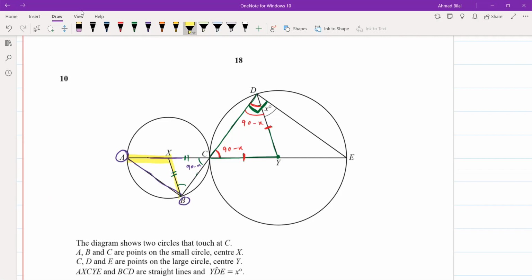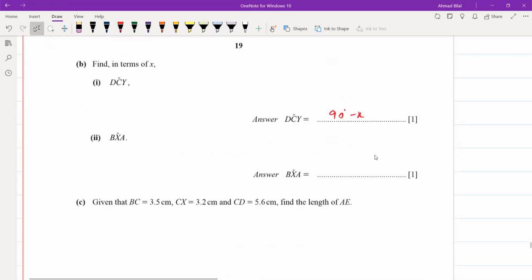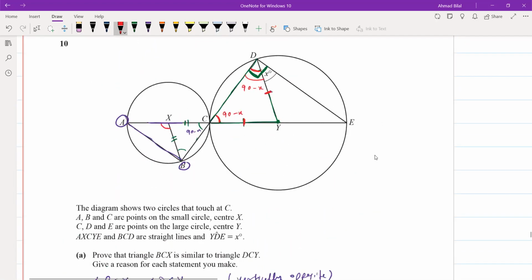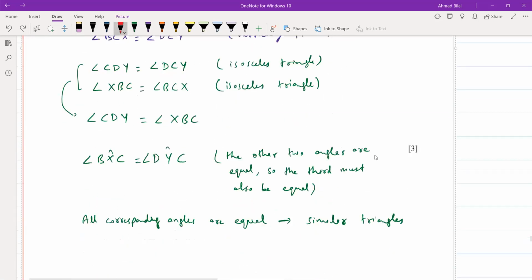That should be twice that. उससे double होना चाहिए, right? तो ये वाला angle should be double of 90 minus x. तो आप क्या कहोगे? This angle BXA, it's 2 times 90 minus x, which turns out to be 180 minus 2x. So that's the quicker way of doing that. Because you know this 90 minus x, AB chord circumference पे 90 minus x बना रहा है, तो center पे उसका double बनाएगा. Okay, which will be 180 minus 2x.